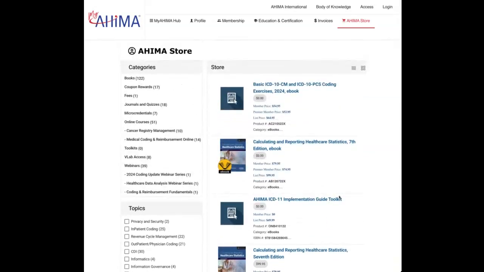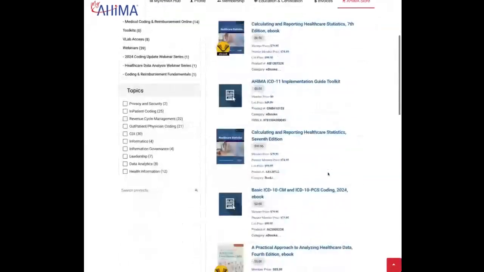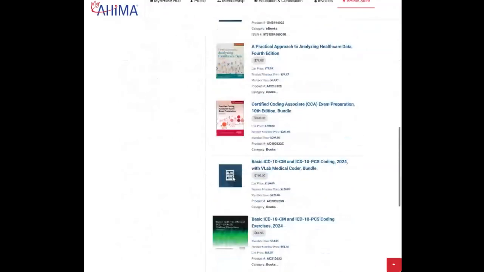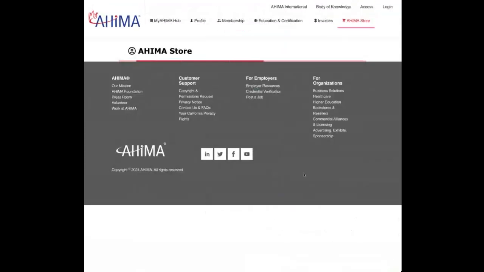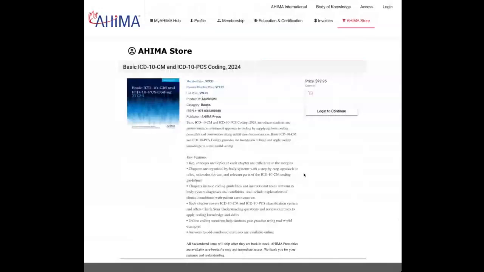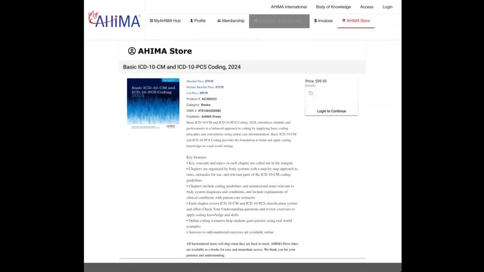Oh, well, actually, here is the book I was mentioning, but this is the exercises book. So let me just see if I can find the book. It's called Basic, yeah, here it is right here. Basic ICD-10 CM and ICD-10 PCS coding. This one is a lot simpler from the perspective of understanding. It's going to take you to the guide, it's going to introduce the guidelines.